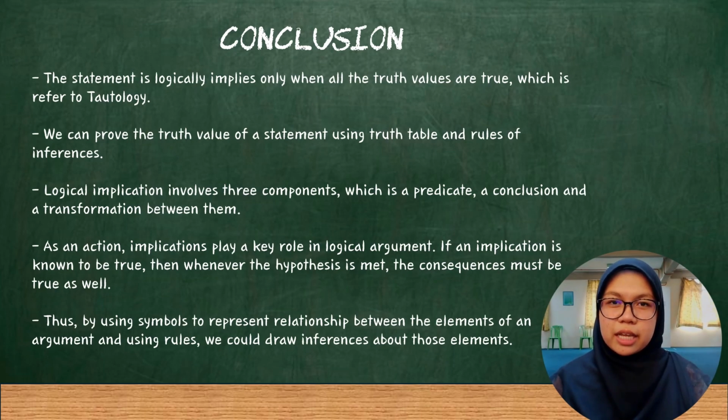As an action, implications play a key role in logical argument. If an implication is known to be true, then whenever the hypothesis is met, the consequences must be true as well. Thus, by using symbols to represent relationships between the elements of an argument and using rules, we can draw inferences about those elements.